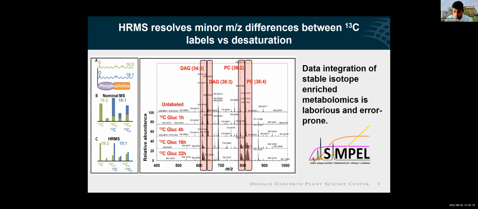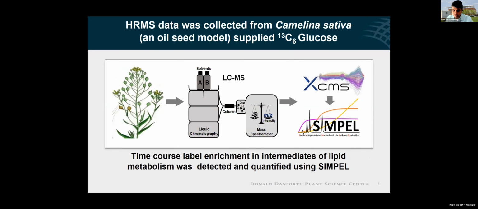And are also error prone. So we developed a software tool, Simple, that can automate this process and focus more on trying to get at biological aspects of this data instead of worrying about your data itself.